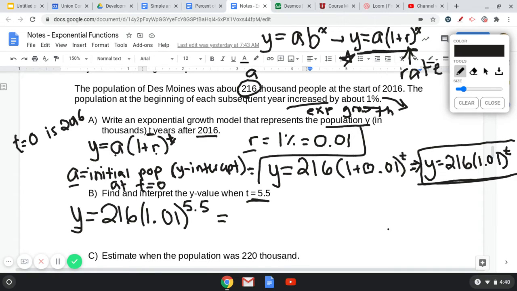So now, using our calculators, we're going to find 1.01 to the 5.5 power, and then we're going to multiply that by 216. And we get 228.15 about.